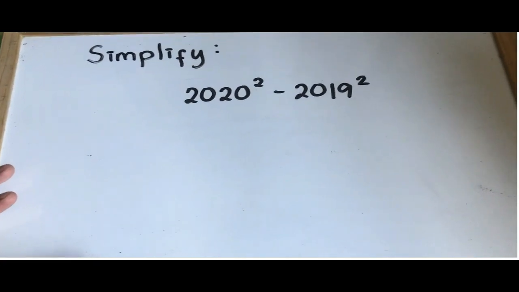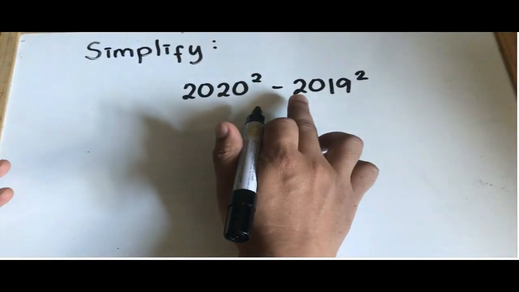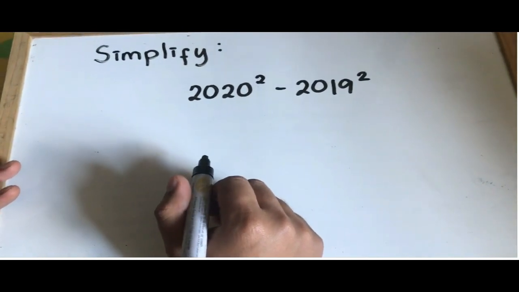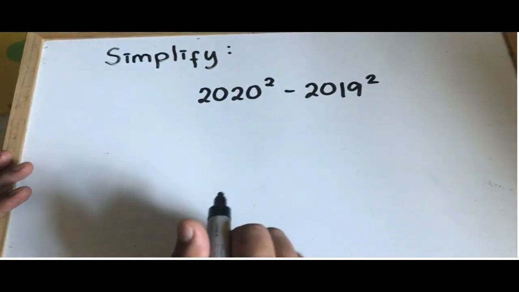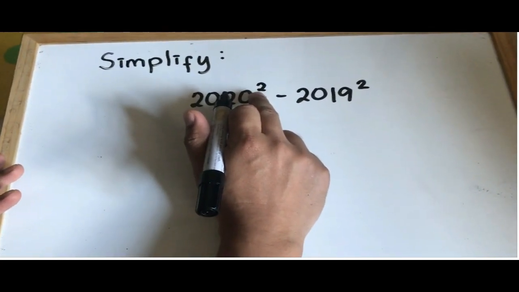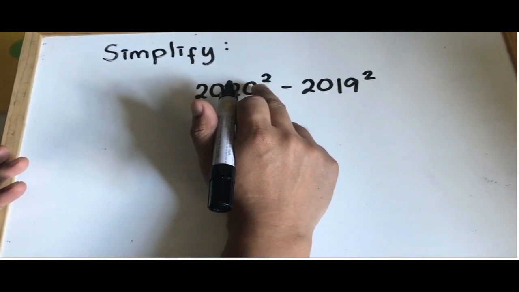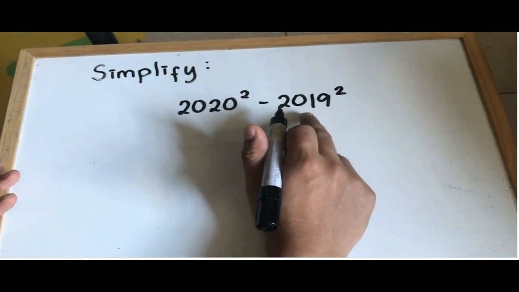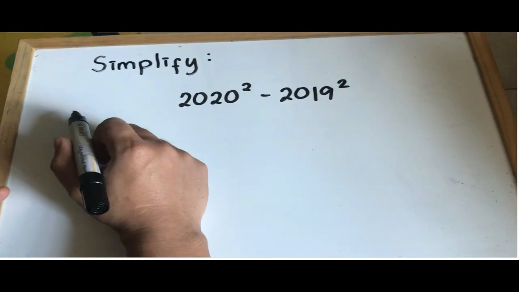Simplify 2020 squared minus 2019 squared. So you can use PEMDAS or simply square. So that is 2020 times 2020 minus 2019 times 2019. But in this case, we can use the difference of two squares.